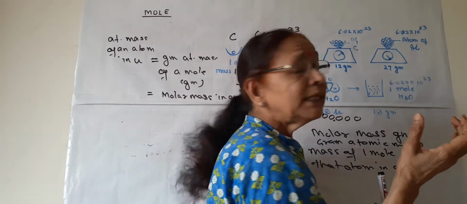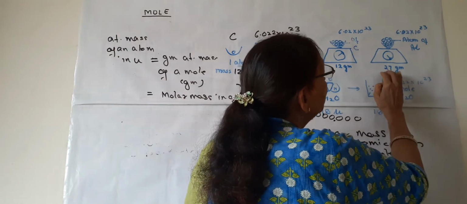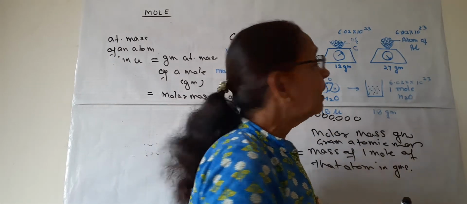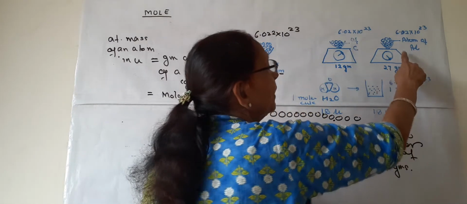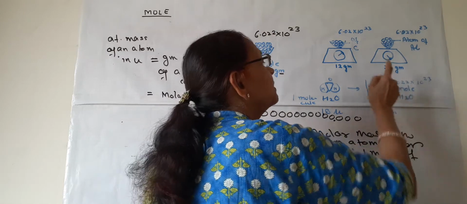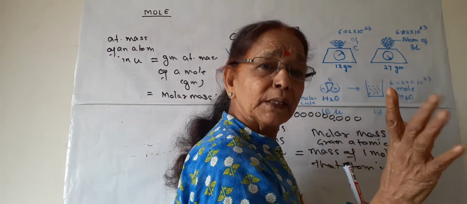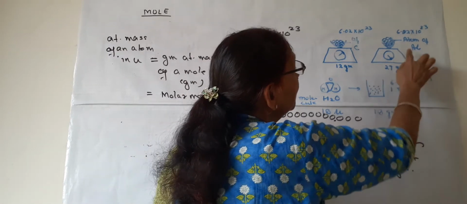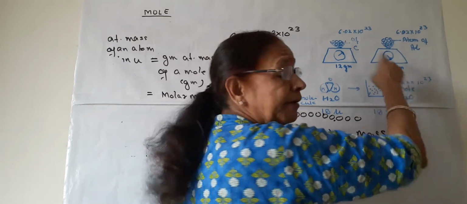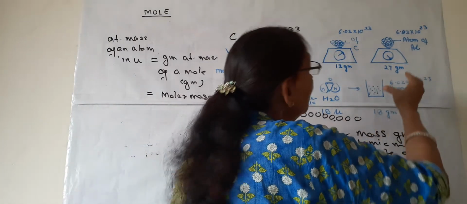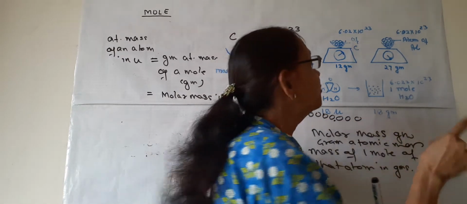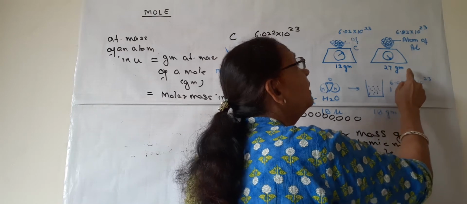What should be their mass? Their mass should be 27 grams. Why 27 grams? Because the atomic mass of one aluminium atom is 27 U. This all of you know. So the molar mass of 1 mole of aluminium should be 27 grams.